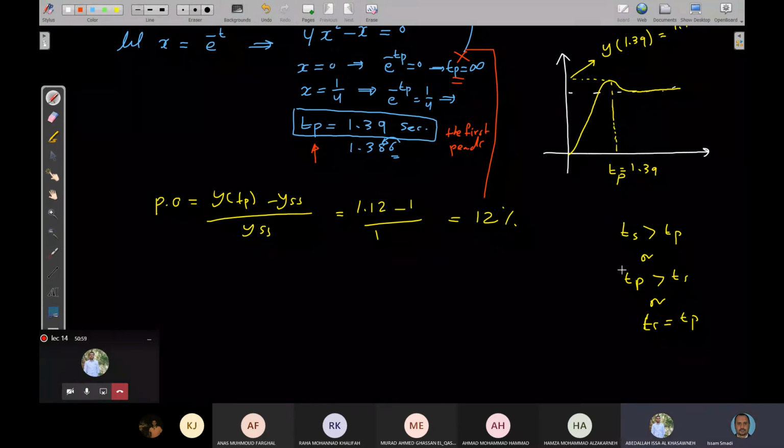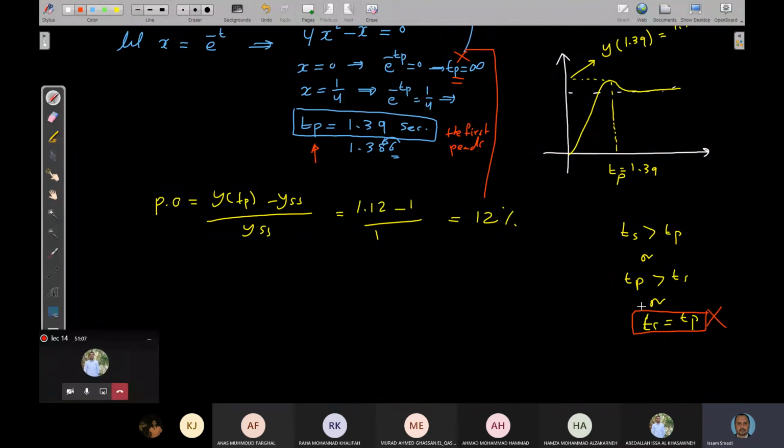So Abdullah said that TS is equal to TP, and this is not correct. So I'm retracting my 4 points, and now there are no points. Now, see, this one here is 1.12. So for sure, TS will be after that. Why?